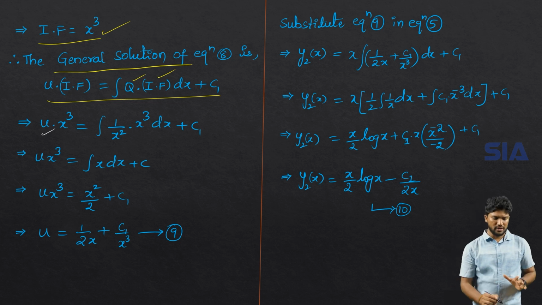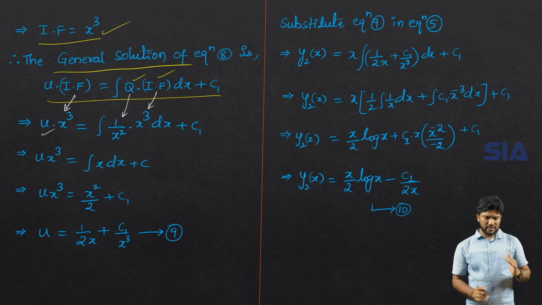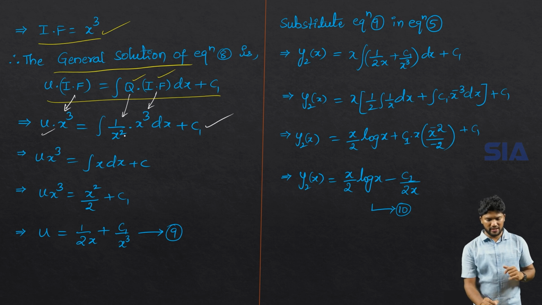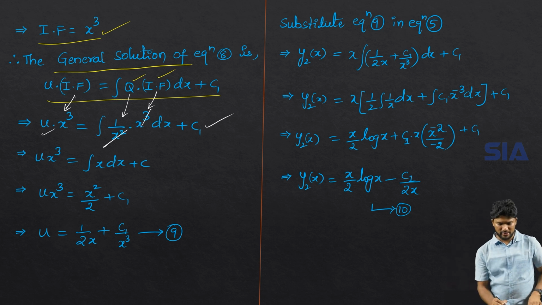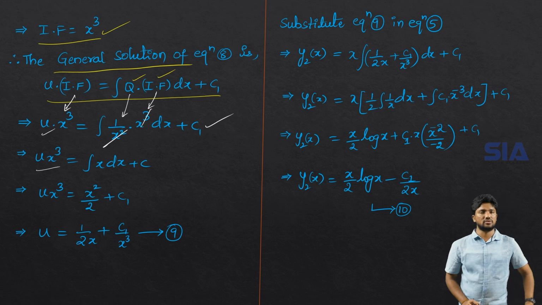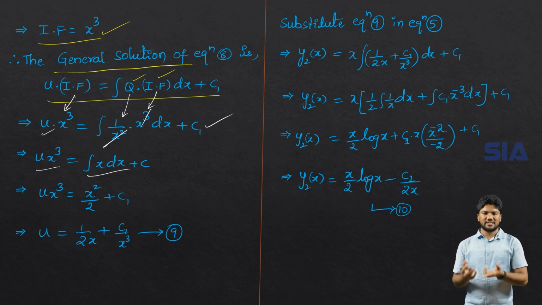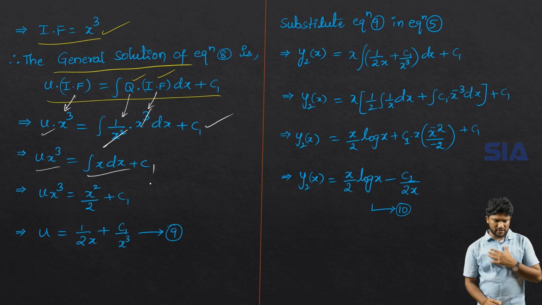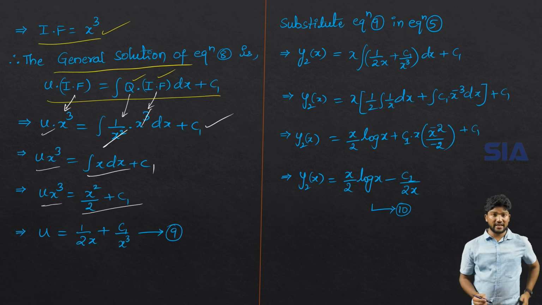And the integrating factor x cube is equal to integration of q value 1 by x square and integrating factor value x cube dx plus c1. Here x square will get cancelled, and x will remain on the RHS. So therefore LHS u x cube is equal to integration of x dx plus c1.